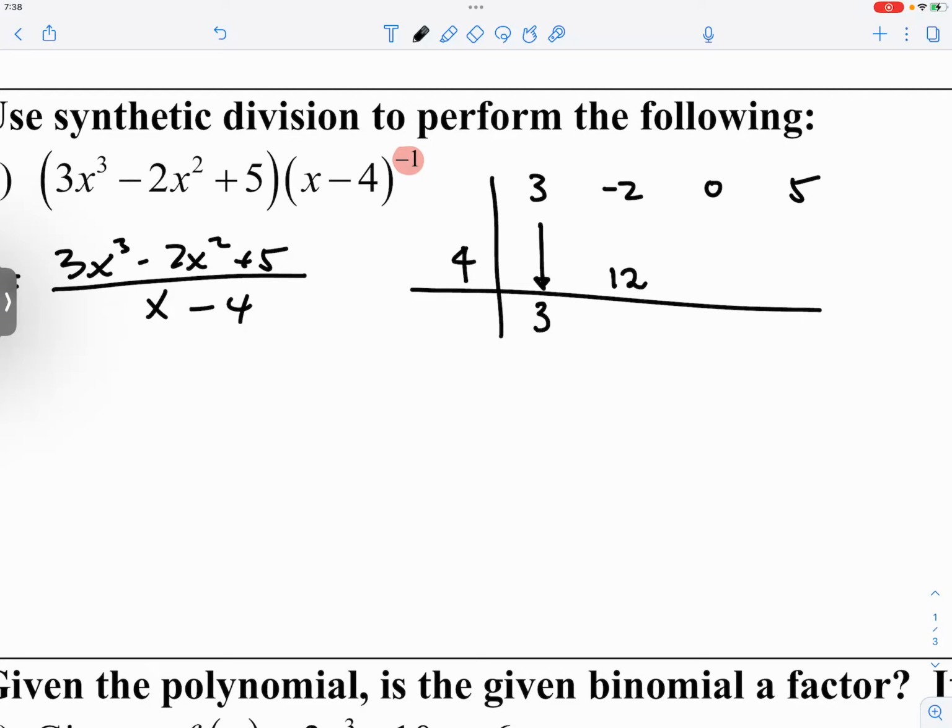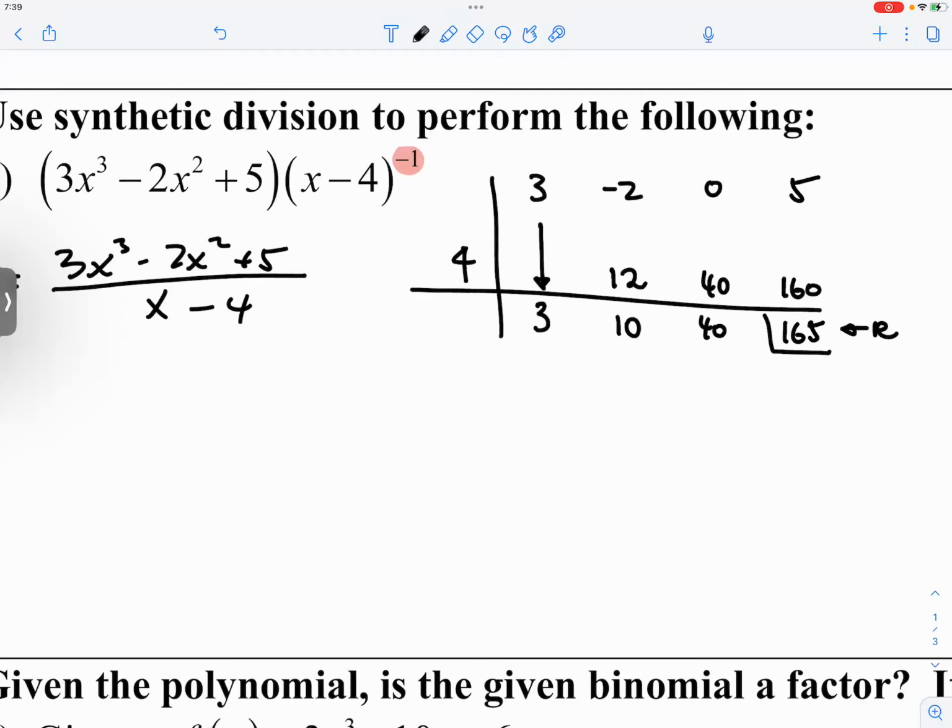For the numbers that are aligned vertically, they will add. And 10 times 4 is 40. 40 again. So 40 times 4 is 160. Ooh, we have a gigantic remainder right here.